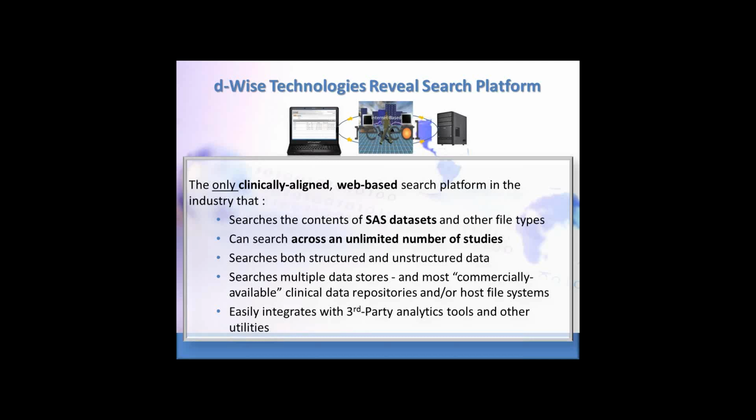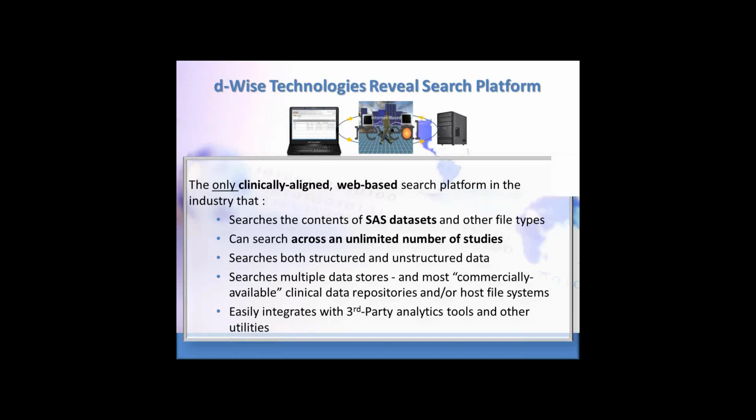Reveal also searches across unlimited number of data stores and gives pharmaceutical companies a virtual window into their cross-platform clinical data systems. It supports most major commercially available clinical data repositories and host file systems, and it can find and organize your data, making it extremely useful when combined with third-party software utilities and analytics tools.